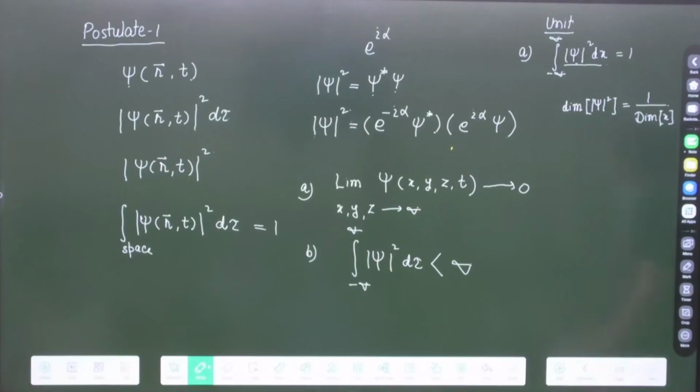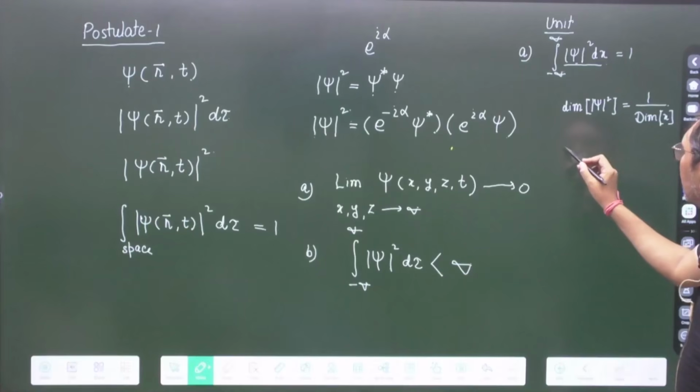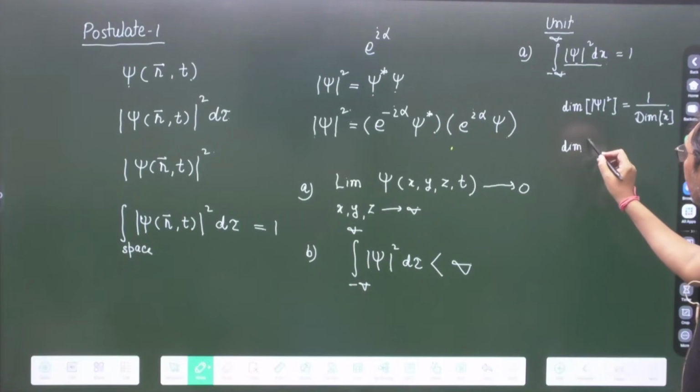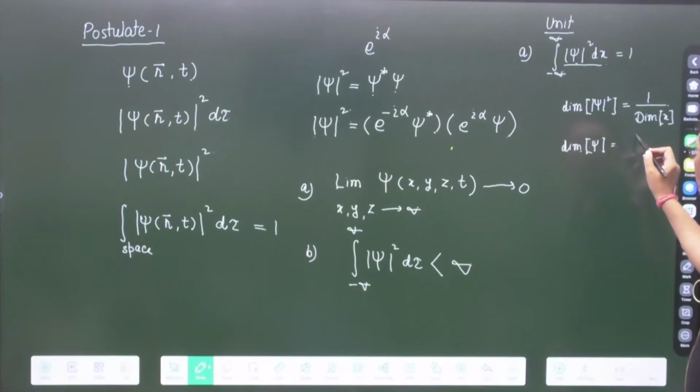So the dimension of psi will be simply 1 upon length to the power half.